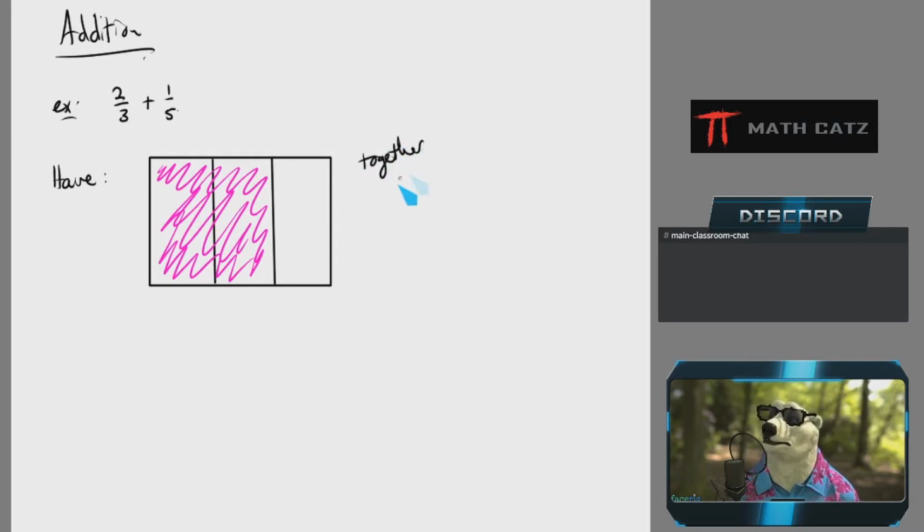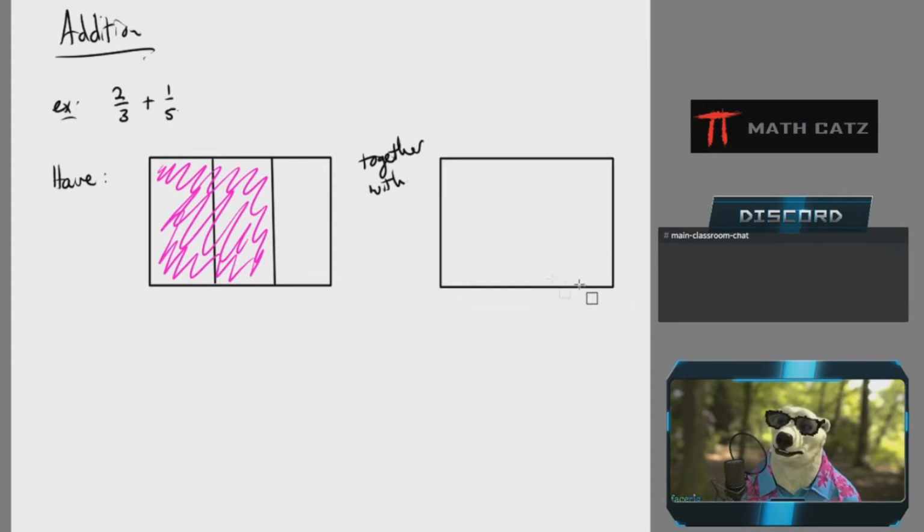So together with another slice of bread or pizza or whatever. So let me slice that according to the denominator for that fraction, which is 5.